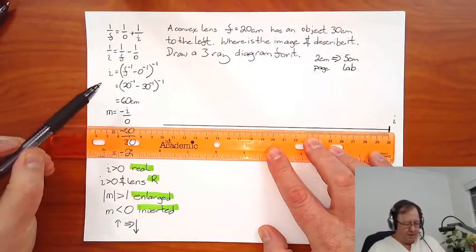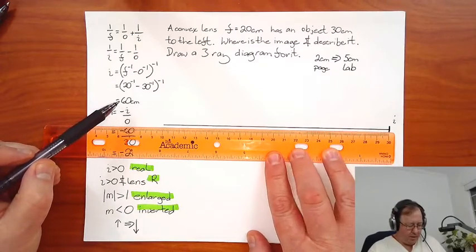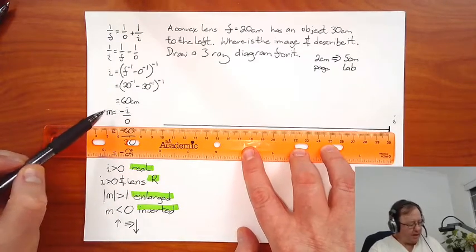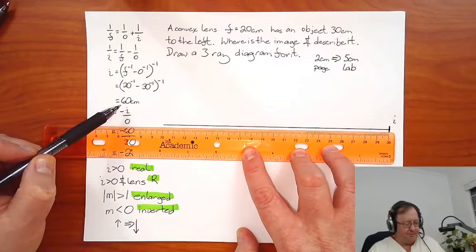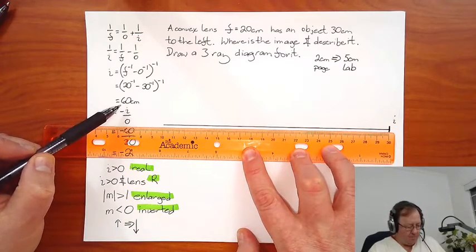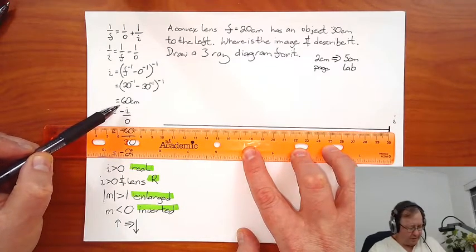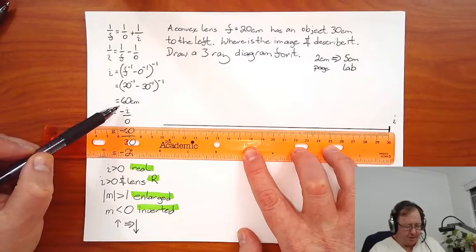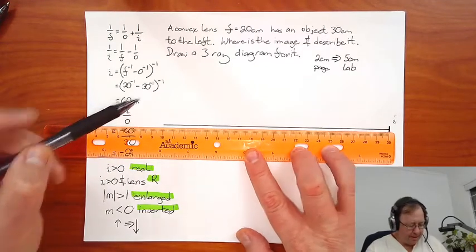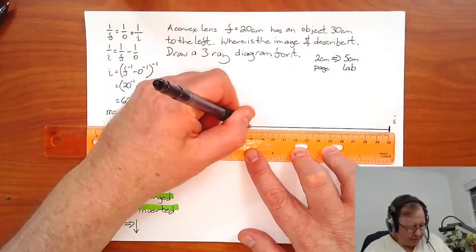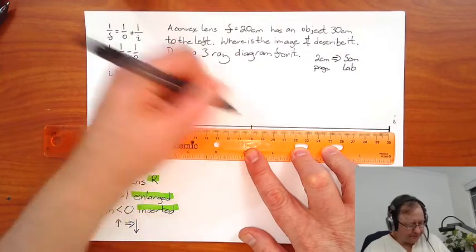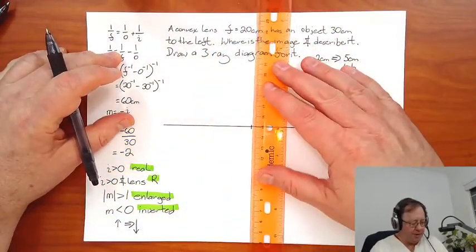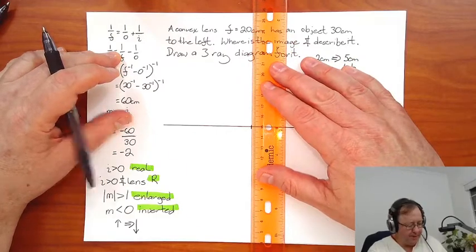So let's see, that would make it there. All right, so 60 centimeters is in fact 12 centimeters on the page, which leaves that here. That is where the lens wall will be.